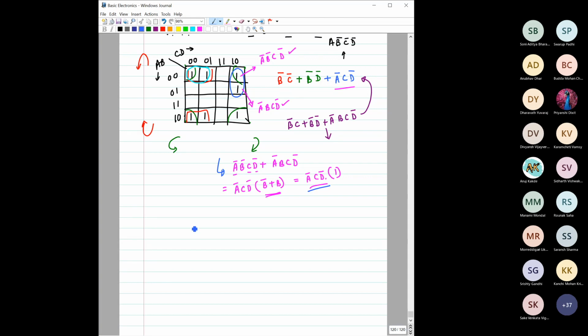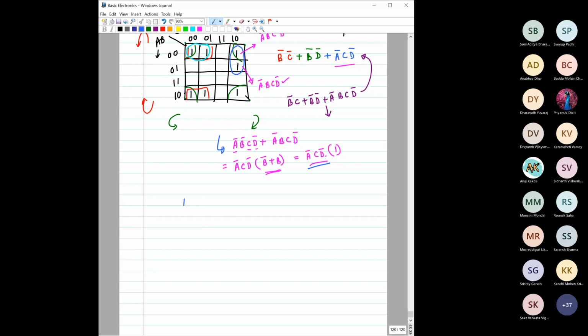For example, see this. Suppose you have 0, 0, 0, 1, 1, 1, 0, 0, 0, 0, 1, 1, 1, 1, 0.